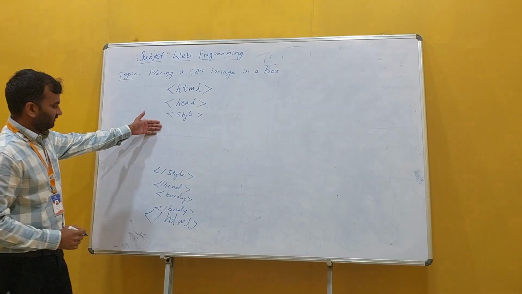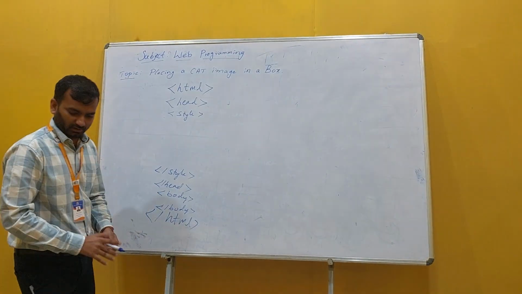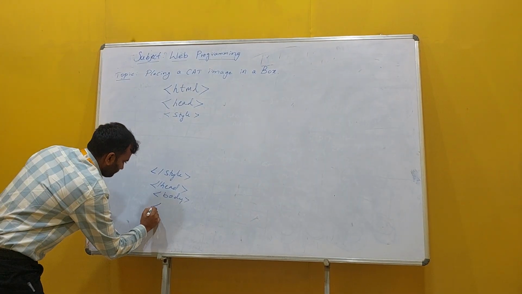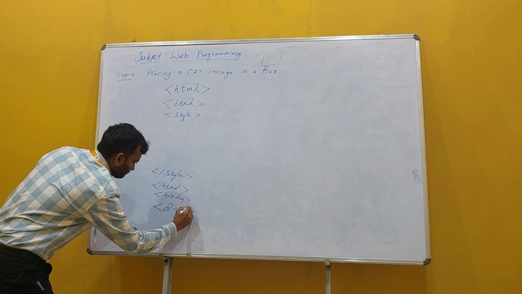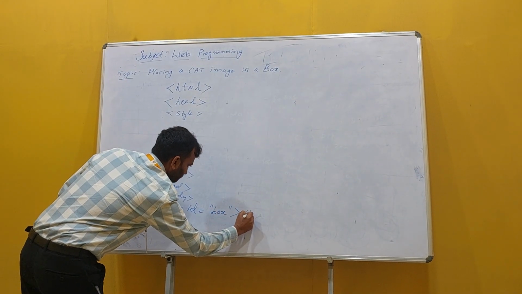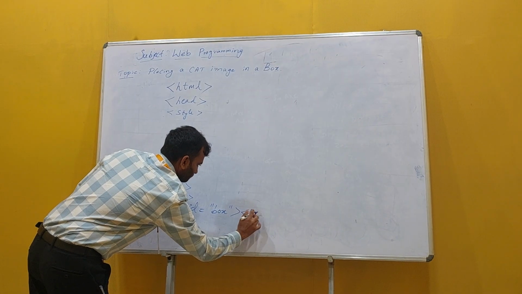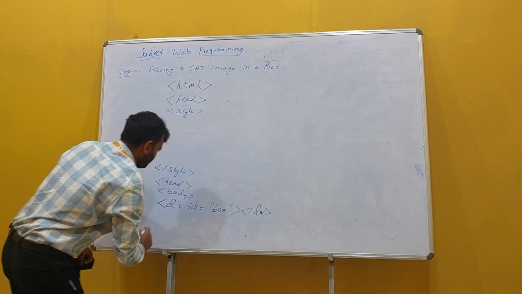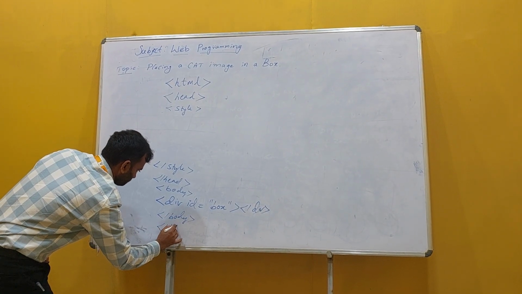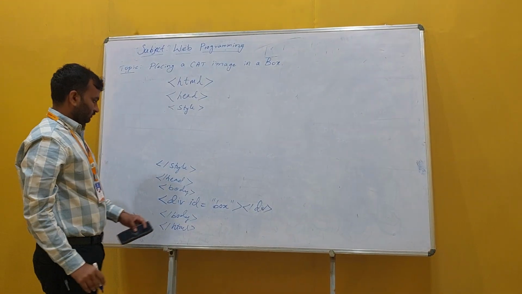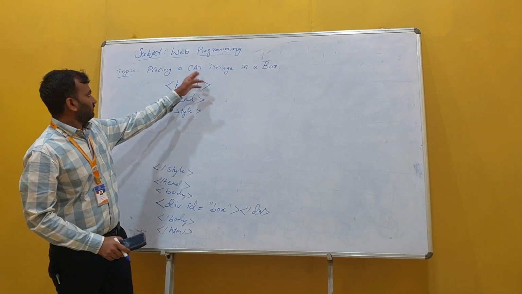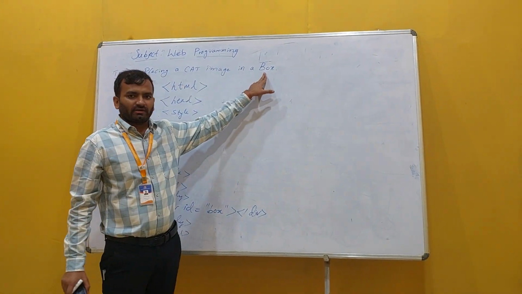Before writing CSS code, first I need to write some div tag. I have defined the class name as box, because I want to place a cat image in a box.